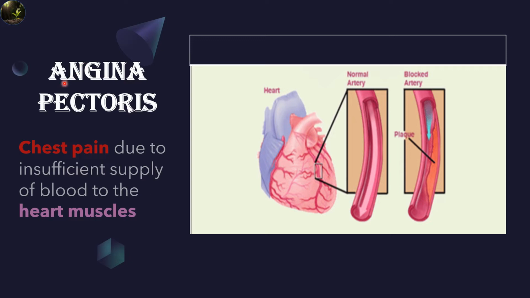The next term is angina pectoris. What is angina pectoris? Very important. Chest pain due to insufficient supply of blood to the heart muscles. There should be a blockage, so a very small amount of blood will enter the heart muscles.